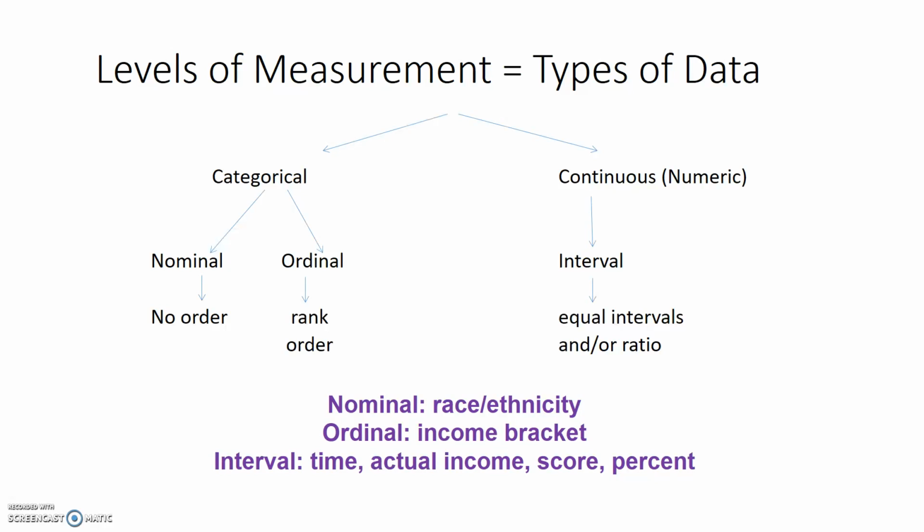Or think of a ruler. If you think of an actual ruler, 1 inch is the same. It doesn't matter where on the ruler you are. 1 inch represents 1 inch. That is what an interval should be. This can be a quiz score. So the distance between the amount of points that you get is the same throughout. And percents would also fall into this range as well.